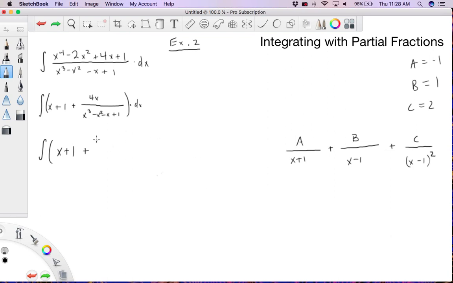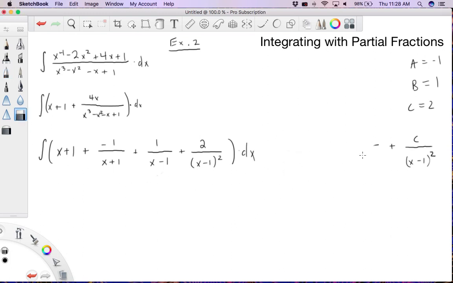So that's going to give us -1 over x plus 1, 1 over x minus 1, and 2 over x minus 1 squared, times the dx again. Okay, so does this look easier? It should look easier. It looks longer, but it's actually going to be easier.